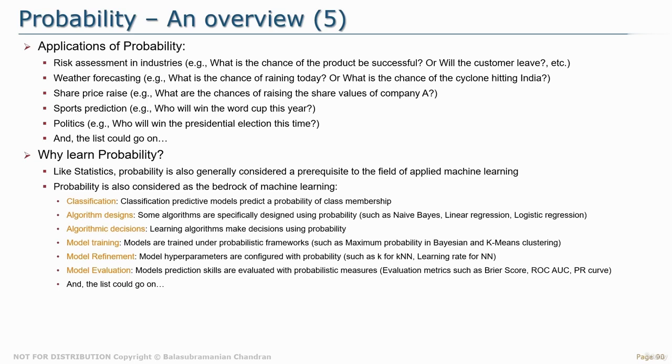Model evaluation: models' prediction skills are evaluated with the probabilistic measures. Evaluation metrics such as Brier score, receiver operating characteristics, area under curve, precision recall curve, and the list could go on.